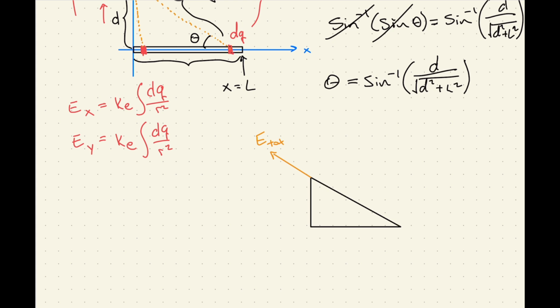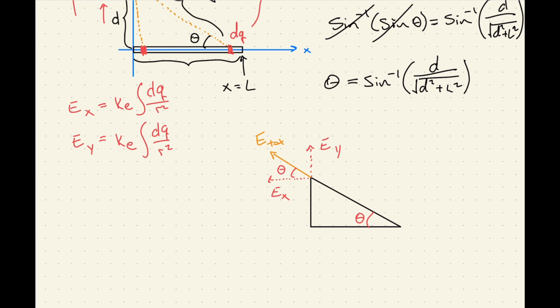So what I want to do here is decompose this into its components. In this case, I will have this as the EX component, this as the EY component. Remember, I have theta here. And if you know your similar triangles, that will also give us this theta here.